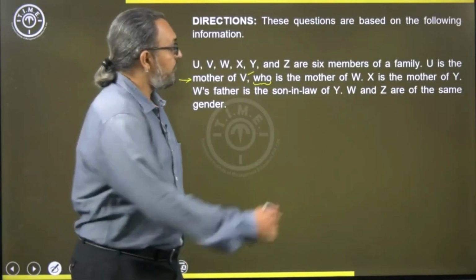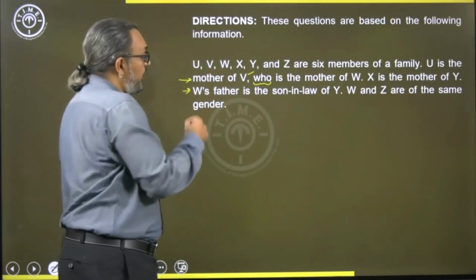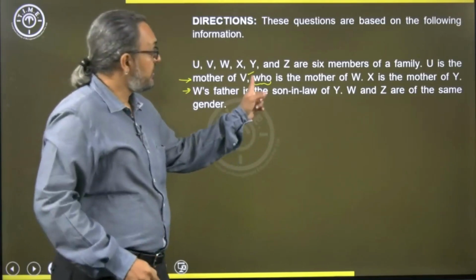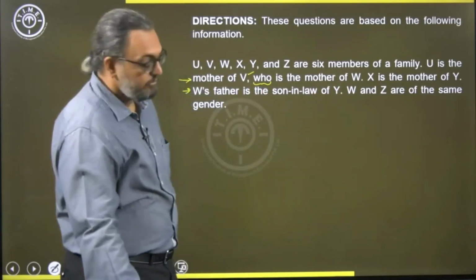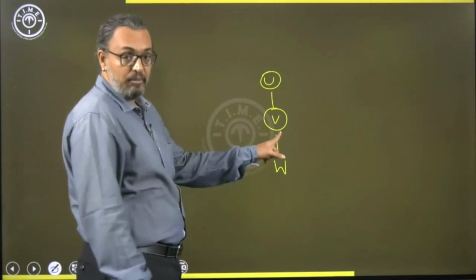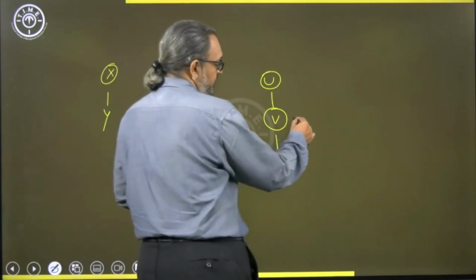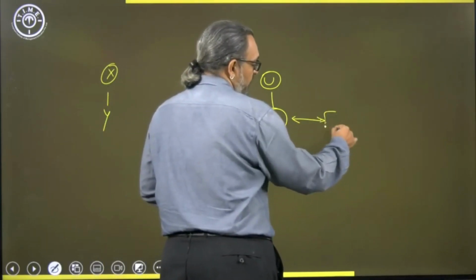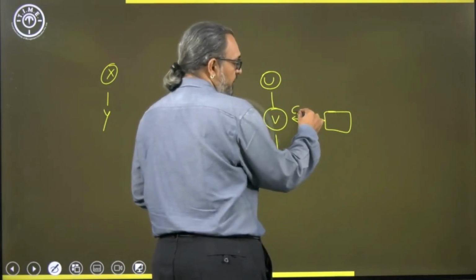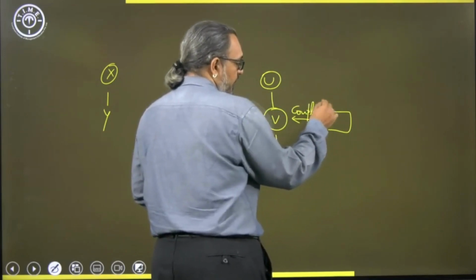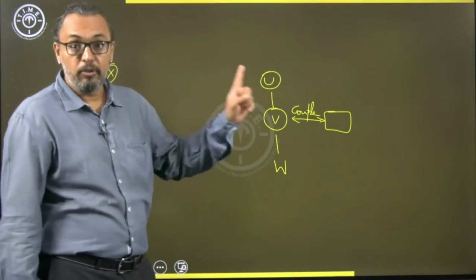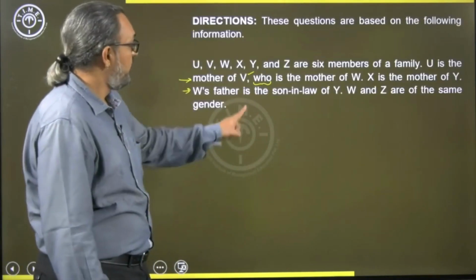Then W's father is the son-in-law of Y. Now see, W has a mother. Now W has a father, who means husband to V. So W's father is what?